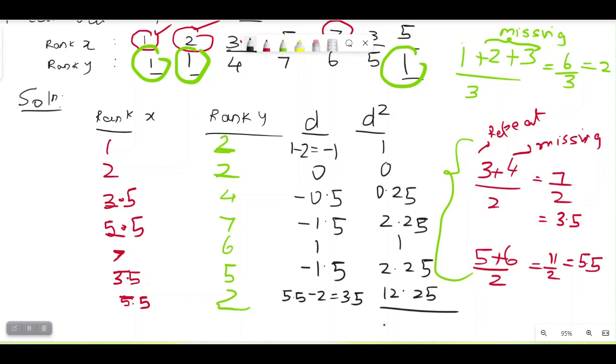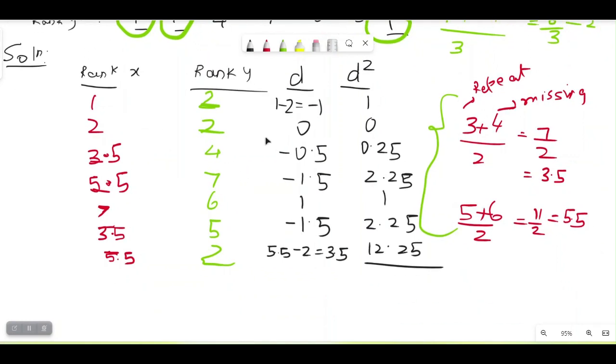Now like in the previous case, we will have to find sigma D square. Sigma D square is simple. You basically add all these vertically. You take a calculator, add all these numbers and see what the answer is.